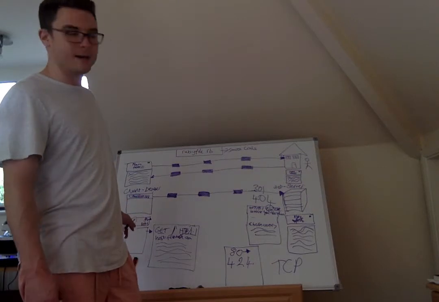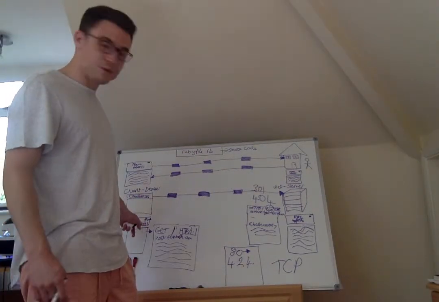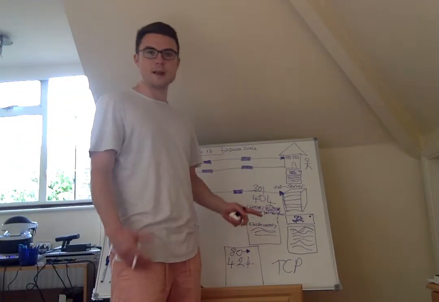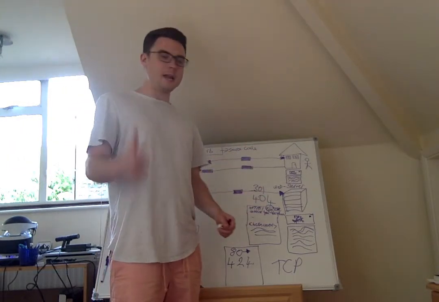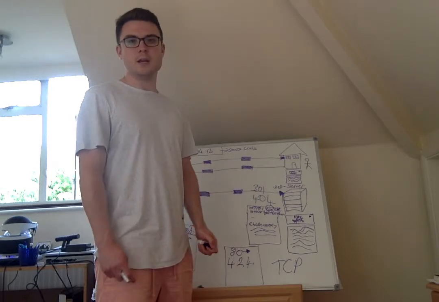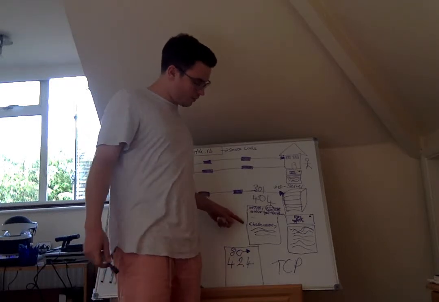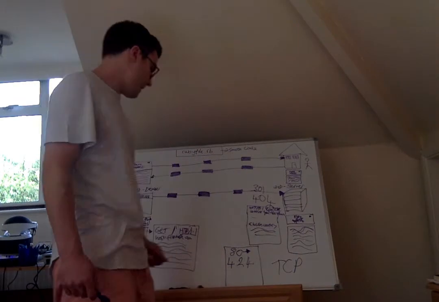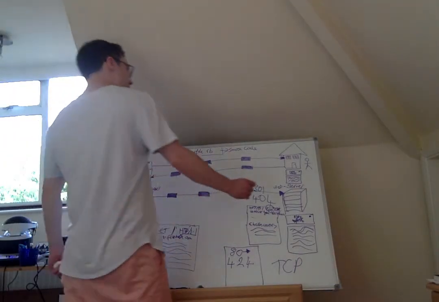I'm going to tell them which port I need to go to, with 2662, and then I'm going to send them a status code to let them know how the request went. Either it went 200 OK, or maybe I didn't find the page, so I put 404. I moved it, so here's the 301 and the actual location that you need to go to. And then here's all the content for when it's been successful that you'll need to render the page, facebook.com or homepage. And then I send it back.